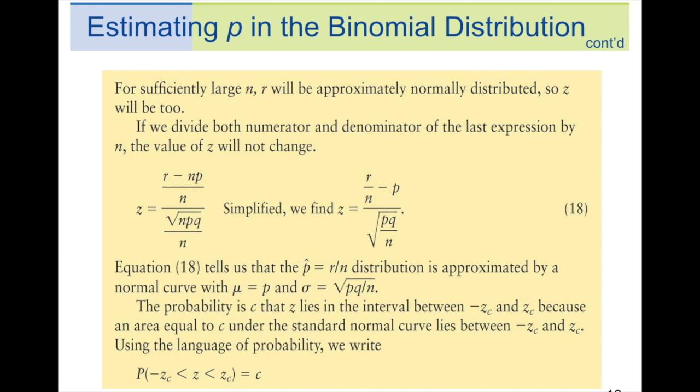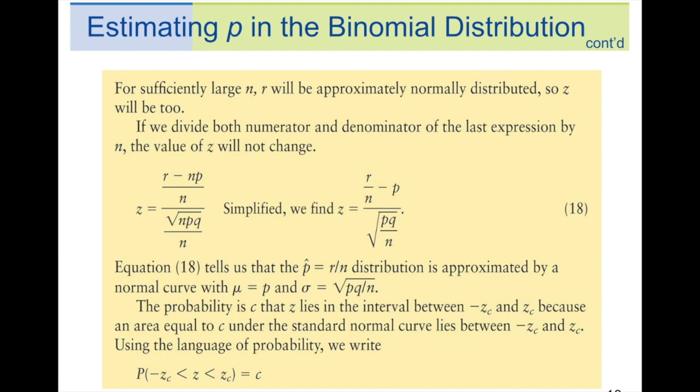Simplified, we find z equals r over n minus p, all over the square root of pq over n. Equation 18 tells us that the p hat equals r over n distribution is approximated by a normal curve with mu equals p and sigma equals the square root of pq over n.